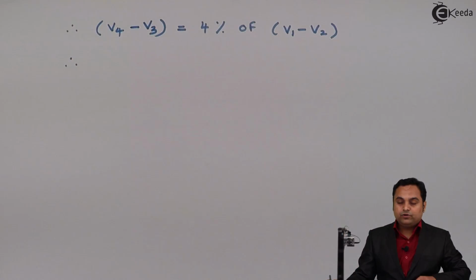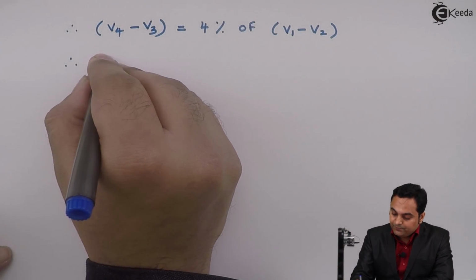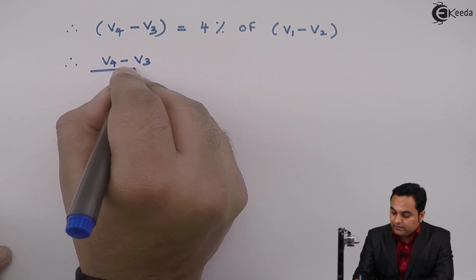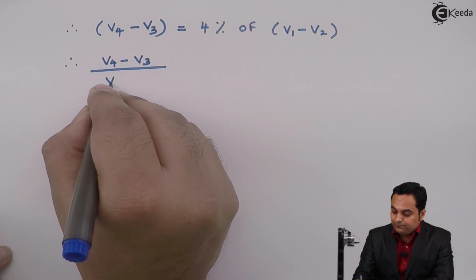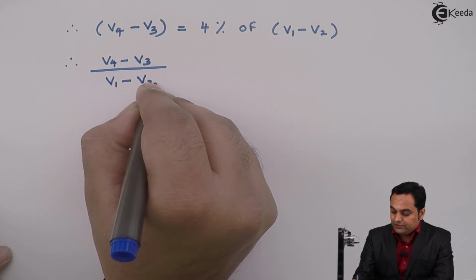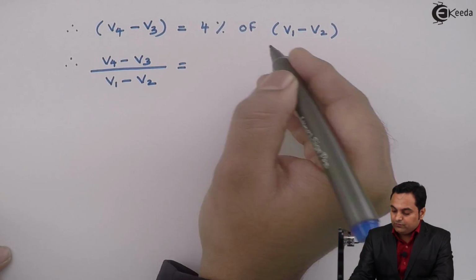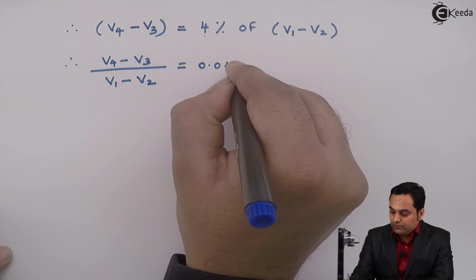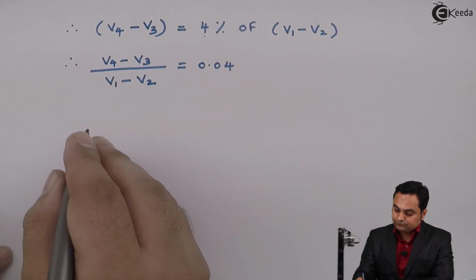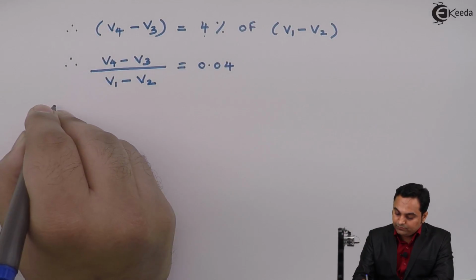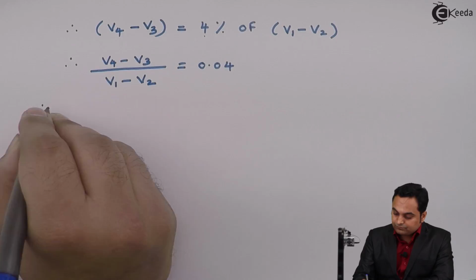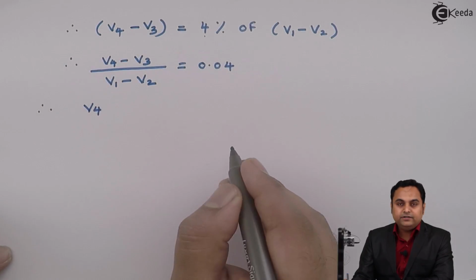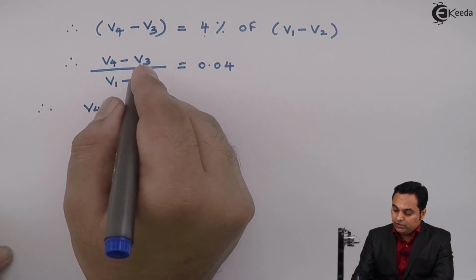Next, therefore here I'll keep V4 minus V3 on one side. I'll shift V1 minus V2 to the denominator, is equal to 4%, 0.04. Therefore I'll write down here, I am dividing the numerator and denominator by V3.